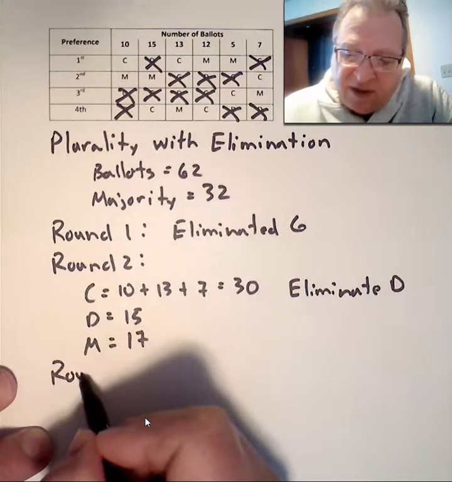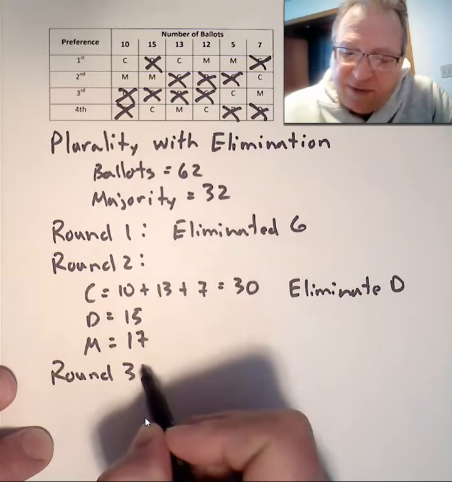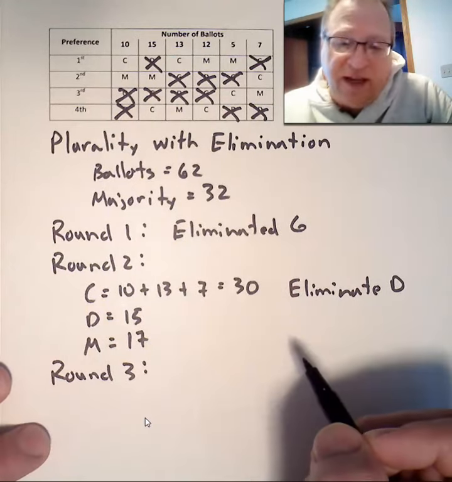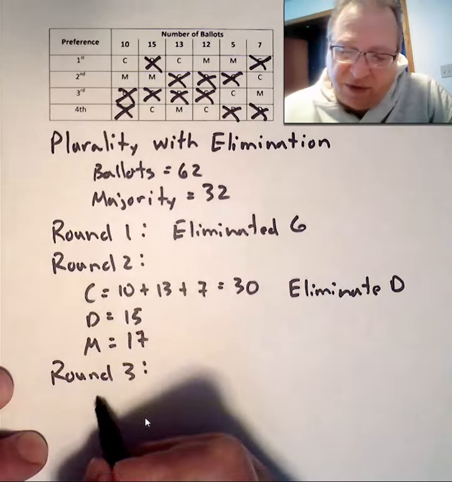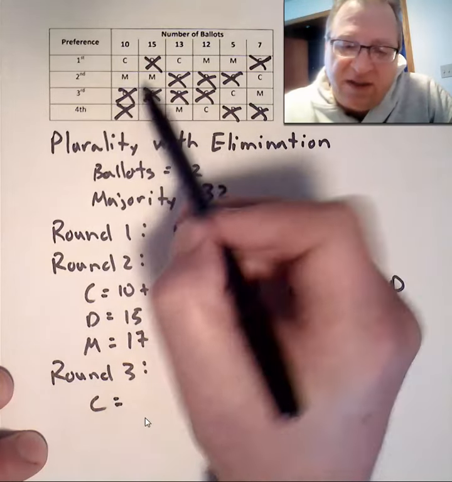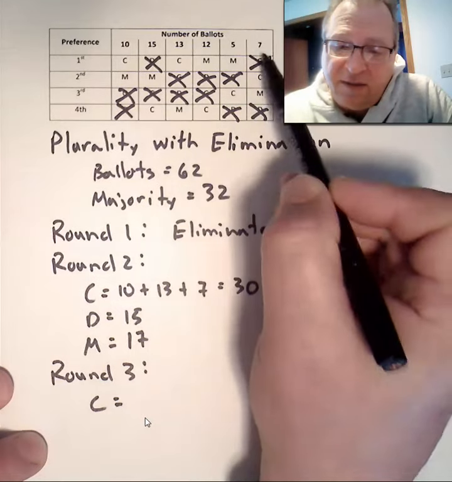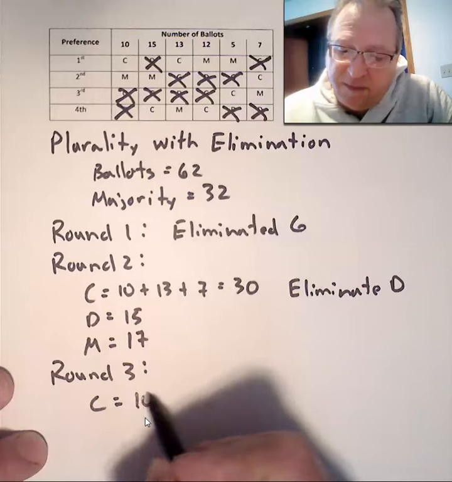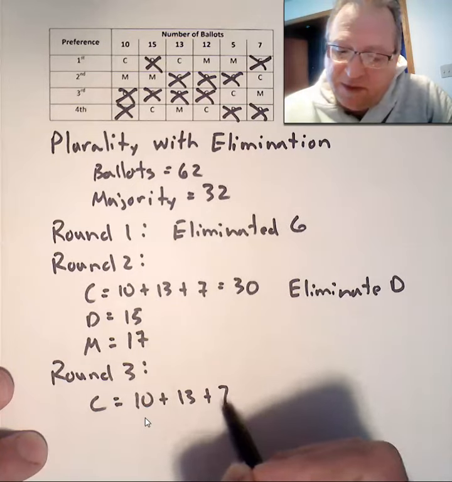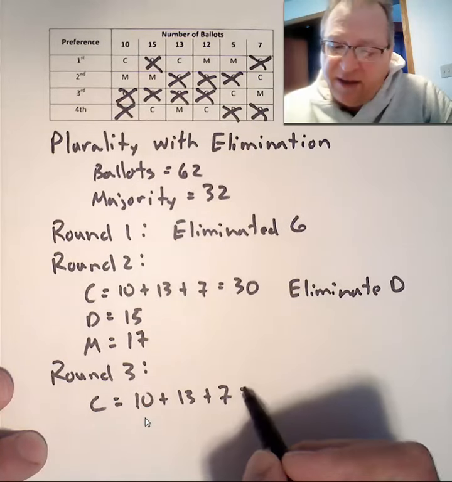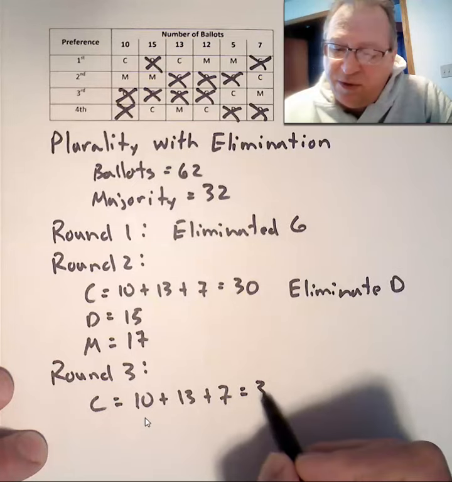Let's finish this off. Round 3, we have two candidates. We have C and M. Let's add up the votes. C has 10 plus 13 plus 7. Just like C had in round 2, no difference, 30 votes.